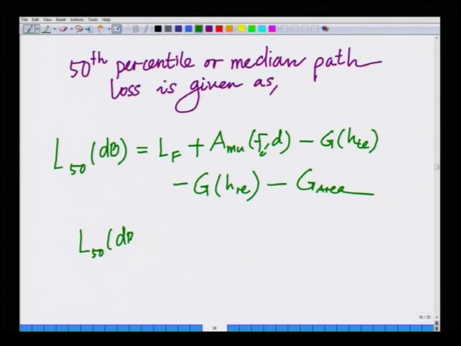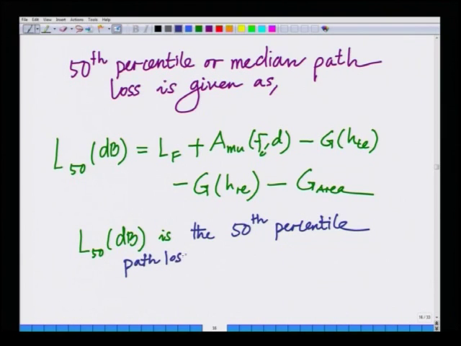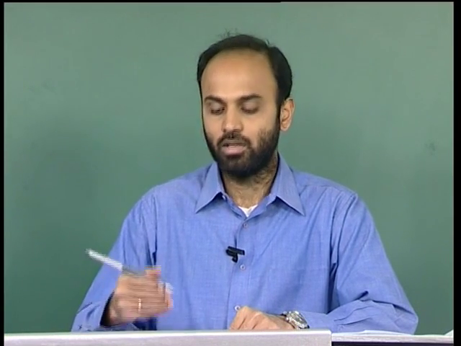L50 dB, let us explain what each of these components is. L50 dB, as we already said, is the 50th percentile path loss in dB, which essentially says it is the median path loss. This essentially means 50% of the measured values lie above this threshold and 50% of the measured values lie below this threshold.